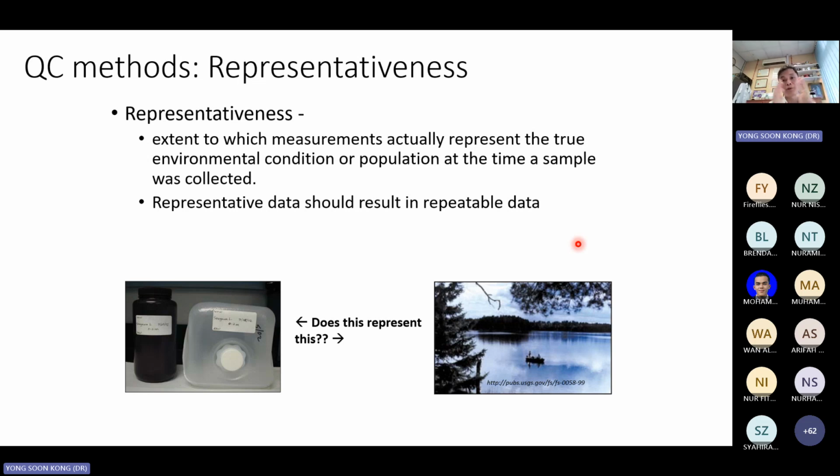So because of that, if you want to represent the entire lake, you have to collect water samples at different stratification, different depth. Then only you can discuss more accurately. Because you can't take the surface and represent the entire lake. Deeper in the lake, the quality is different. Okay, so these are the things.